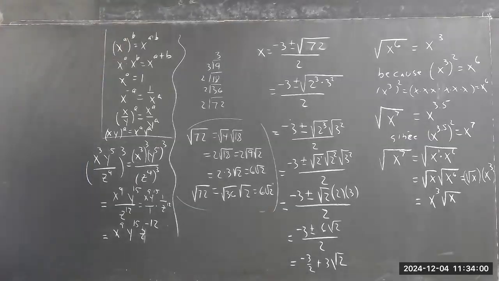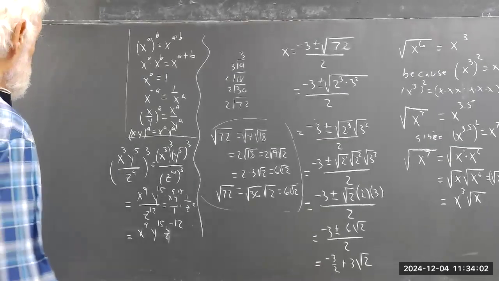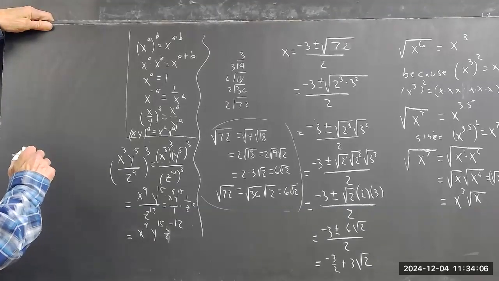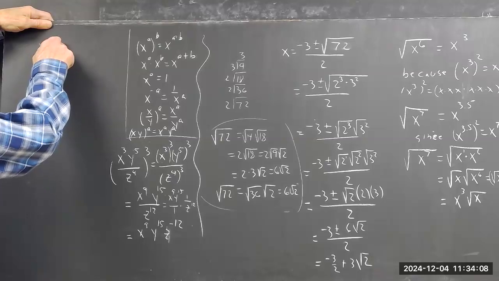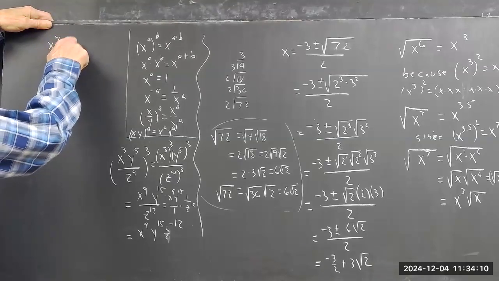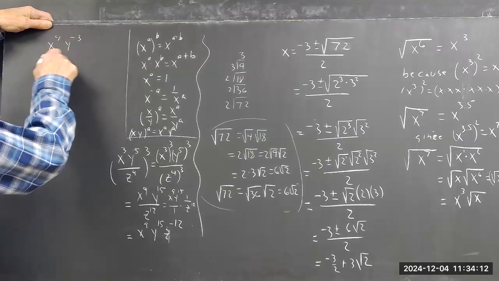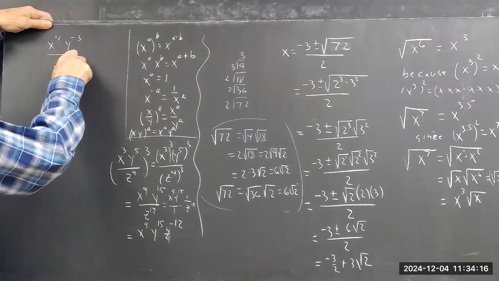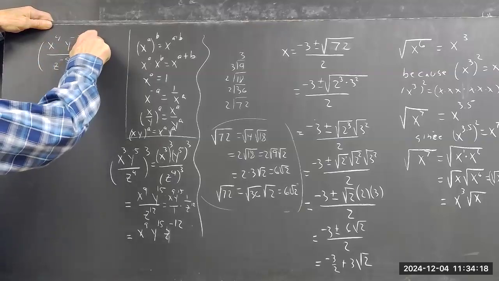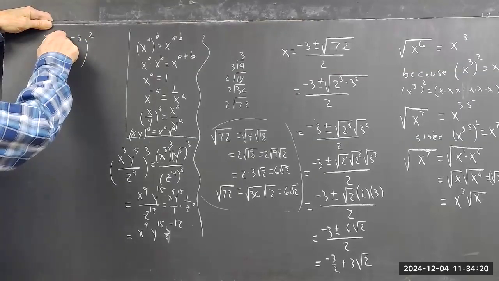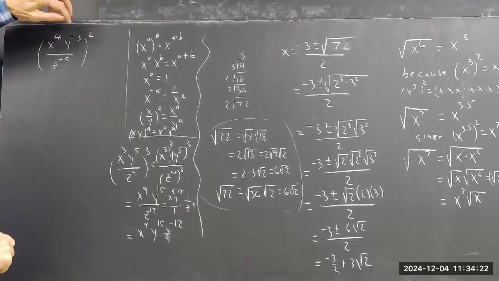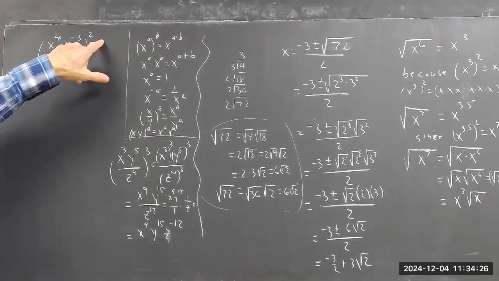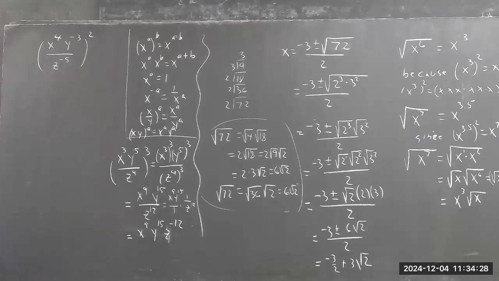So let's look at one like this. X to the fourth, y to the negative third over z to the negative fifth, all squared.